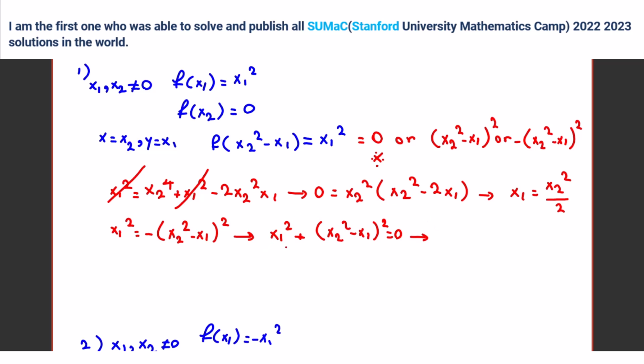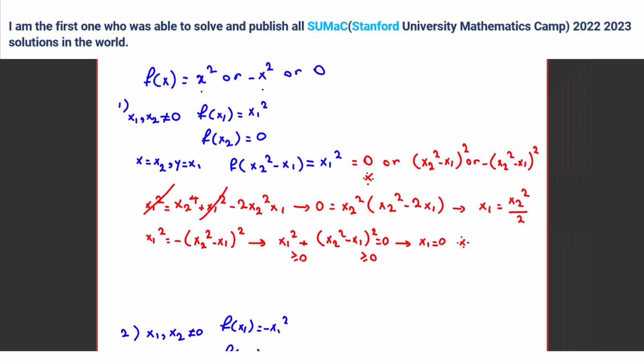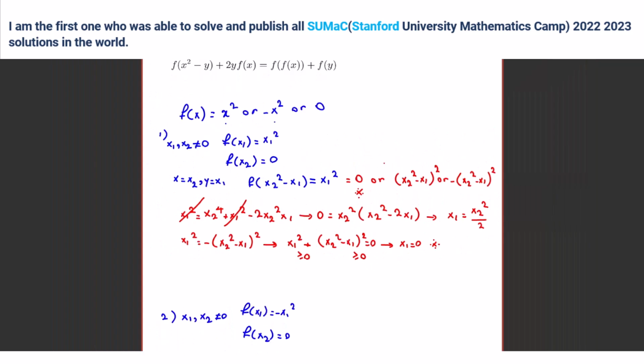This is a contradiction, because they are at least 0. When the sum of them is 0, each of them should be 0. x1 is 0, contradiction, right? So we reach only this case, right?